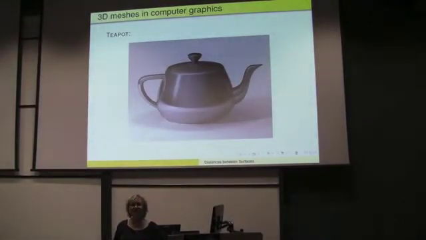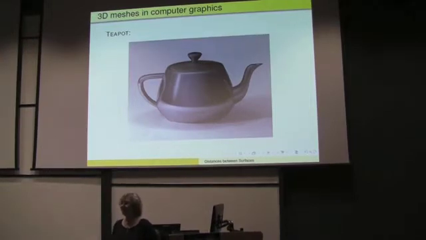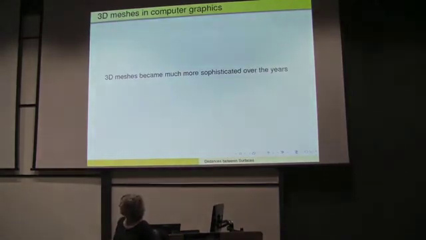It looks more recently, with thousands of little facets and nicely rendered, instead of the very crude one you saw earlier. A little insider secret: if you go to a Pixar movie, any Pixar movie, somewhere in there is a teapot. It's an inside joke of computer graphics that they always put a teapot in there.